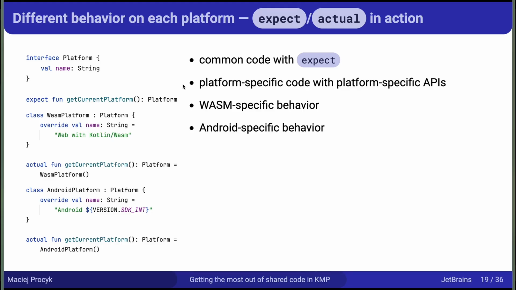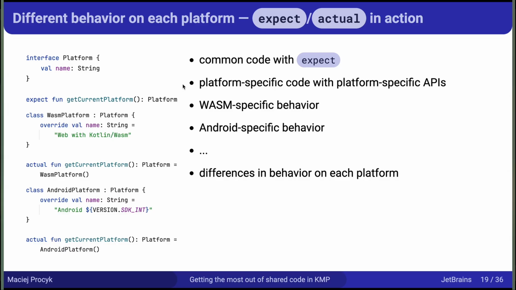So later on each of the platforms, for example, on Wasm or on Android, you define a proper implementation of this interface, overriding, in this case, this value in the intended way, and you return this instance from the expect functions.